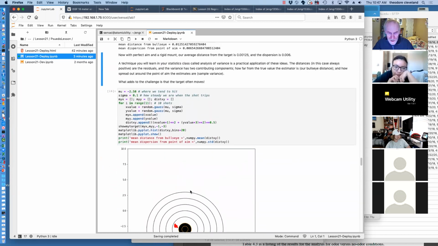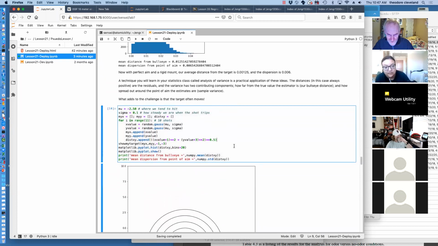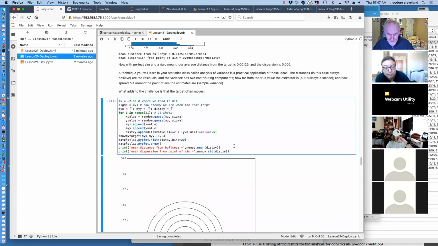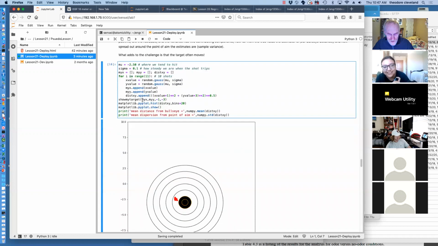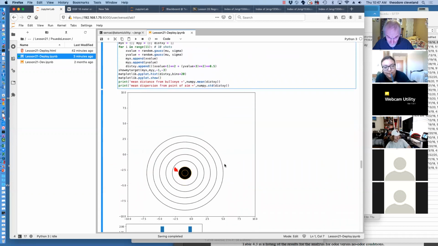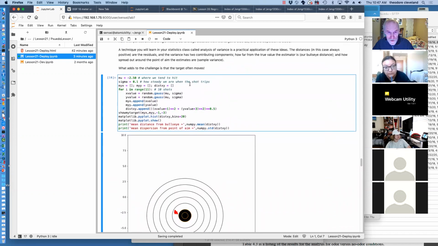What makes things especially fun is if the target itself moves. And so this is just throwing gasoline onto a fire. So let's suppose the target moved, because everyone knows it's hard to hit moving targets unless it's in your computer.